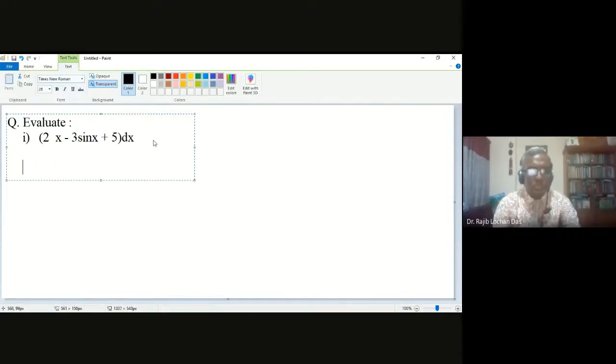Another question is question number 2. Again, it is an integration problem. Okay, and let me show you something like e to the power 4x plus 3, then 4 by x, then dx.